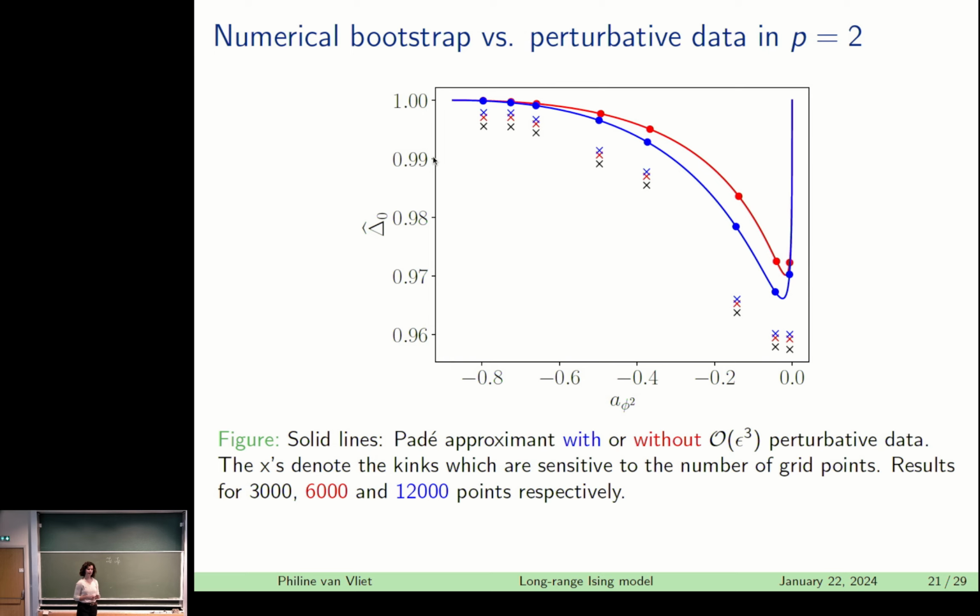And it's monotonic? No, that is not the case. Sorry, I'm just wondering how you did this one here, because the perturbative data is in S, right? Yeah, exactly. But you can also find a perturbative value for a phi squared, then plug that back in and get the perturbative value for delta 0.